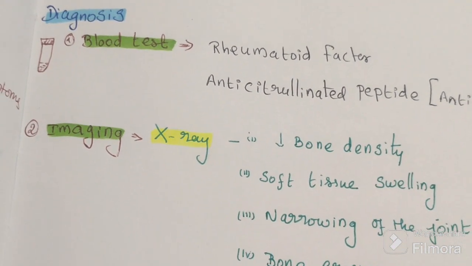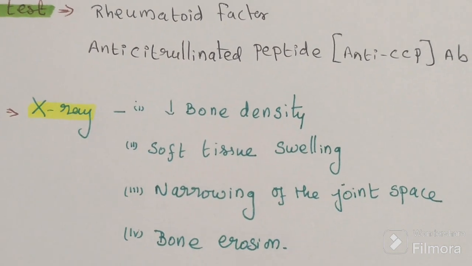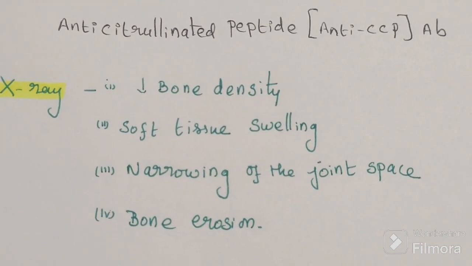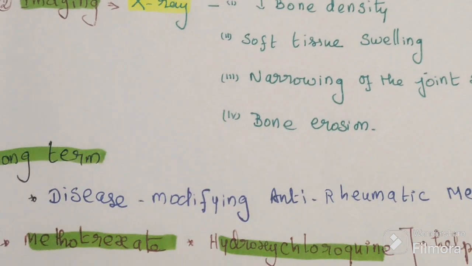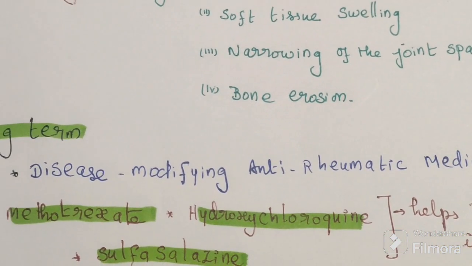Then imaging studies such as X-ray usually reveal decreased bone density, soft tissue swelling, narrowing of the joint space, and bone erosion.